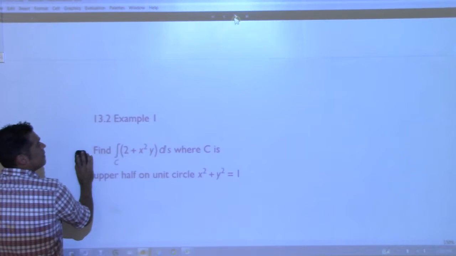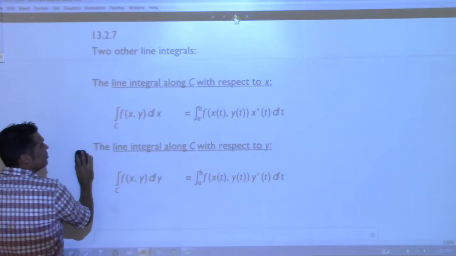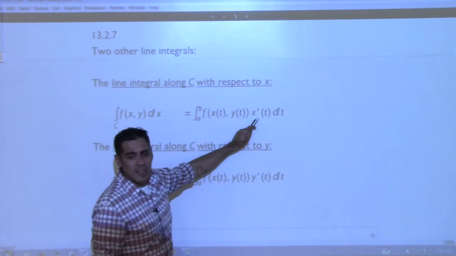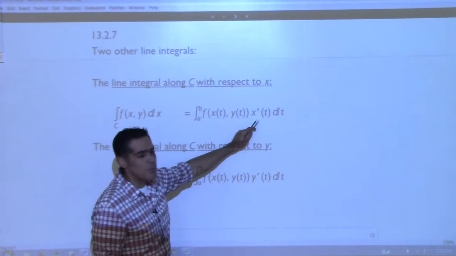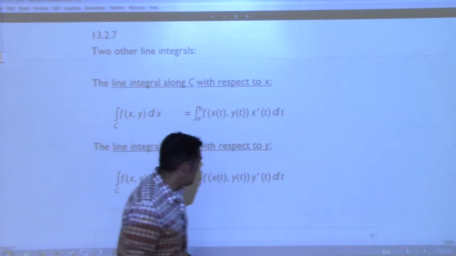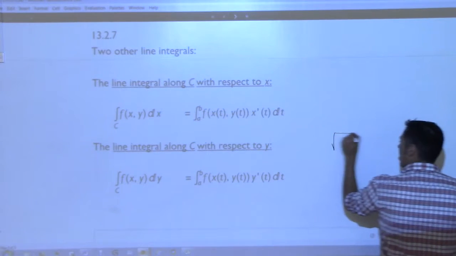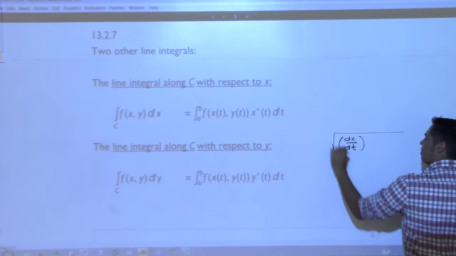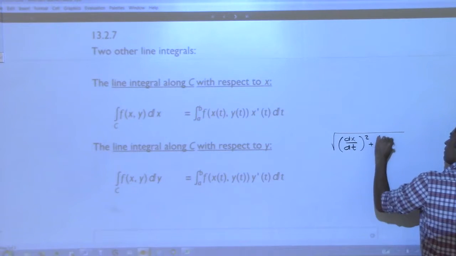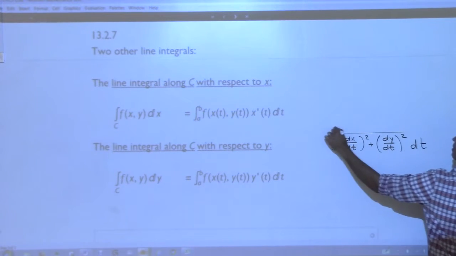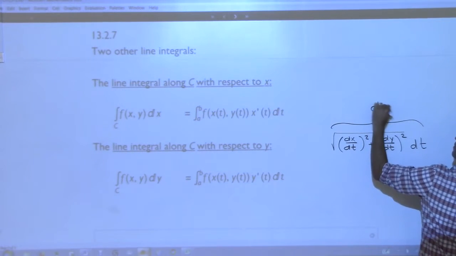But if we define a new line integral just with respect to x, then what we're going to do is just get the x prime dt part. So what we're essentially doing is we're taking what was ds, that was the part that was ds in the previous formula.